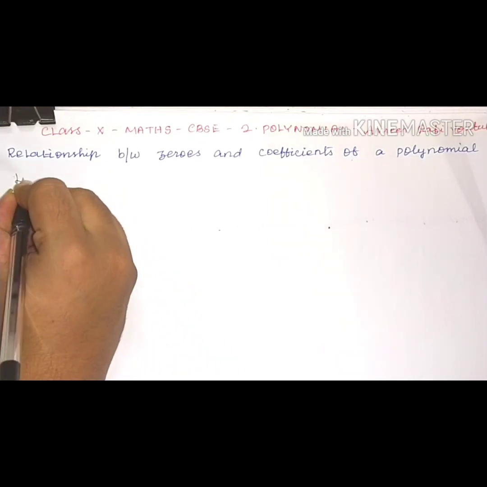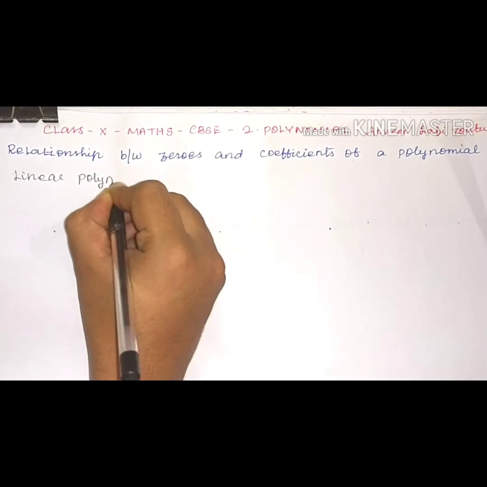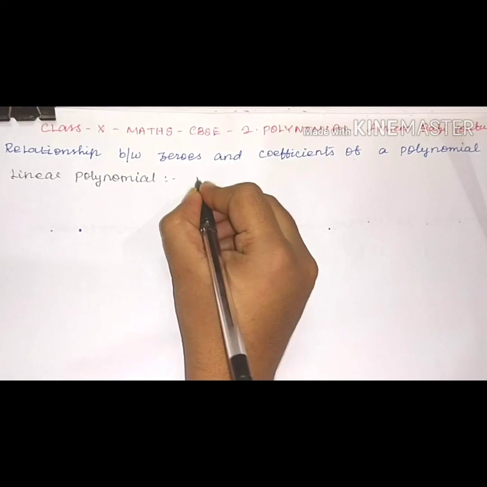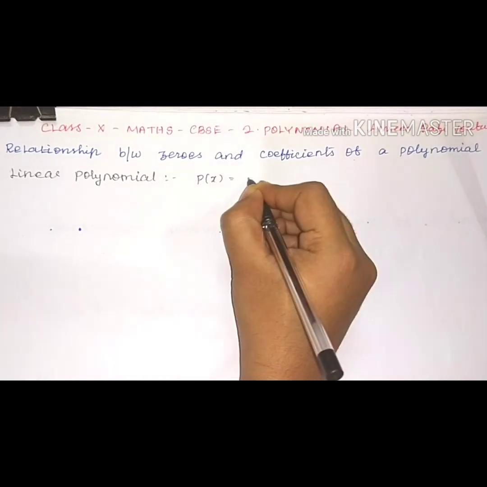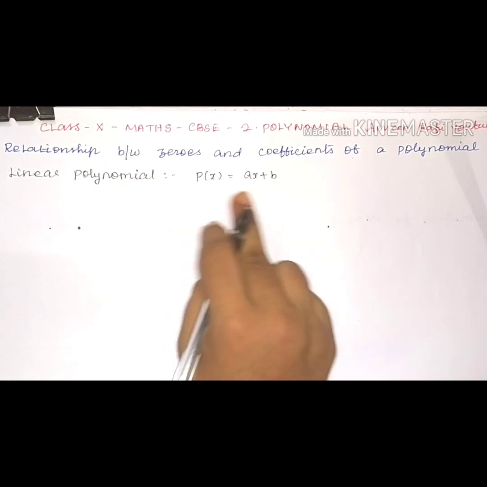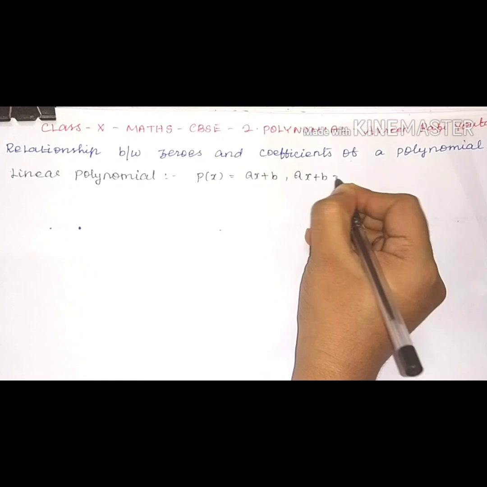Let me recall first the linear polynomial. What is a linear polynomial? The general form is p of x equal to ax plus b. How do you find the zero of a linear polynomial? We consider ax plus b equal to 0.